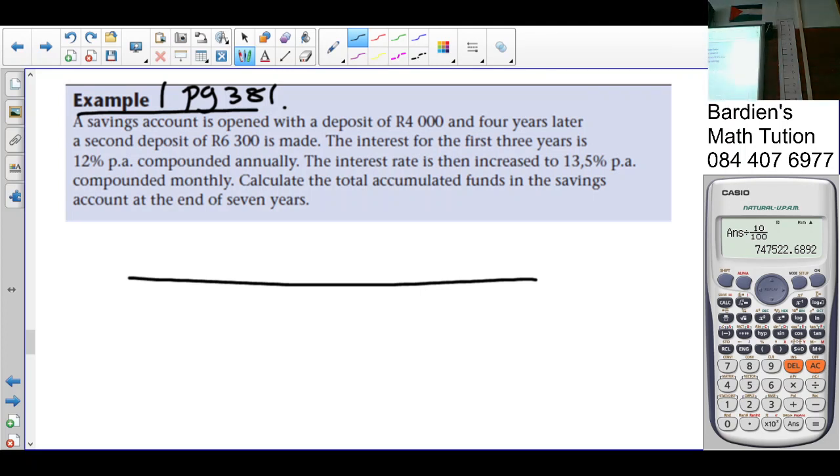So we are told that the savings account is opened with a deposit of 4,000 rand. So do that entry on your timeline. So that's your initial, so T0 is 4,000. Right. And 4 years later, a second deposit of 6,300 rand is made. So do that entry with your number on your timeline.